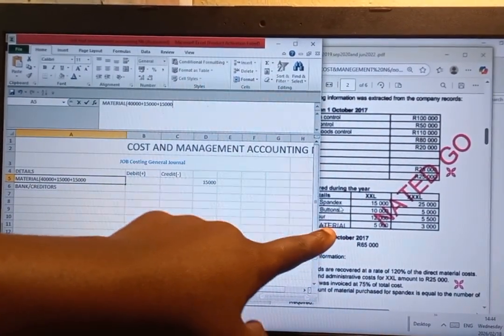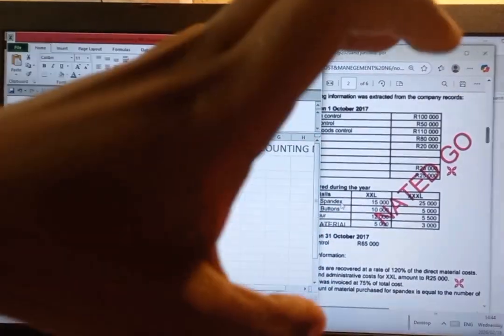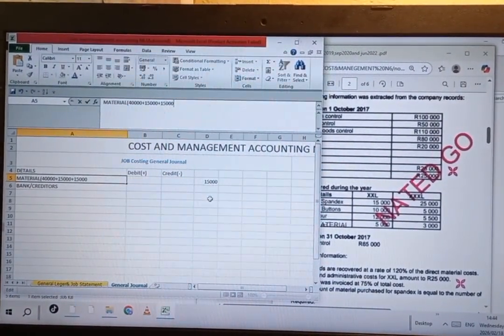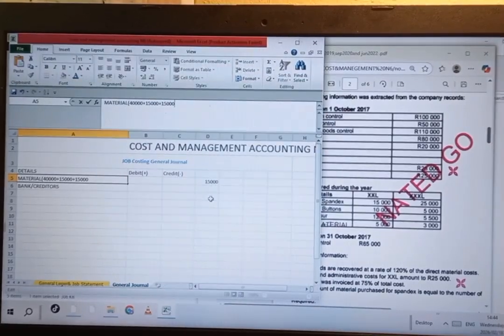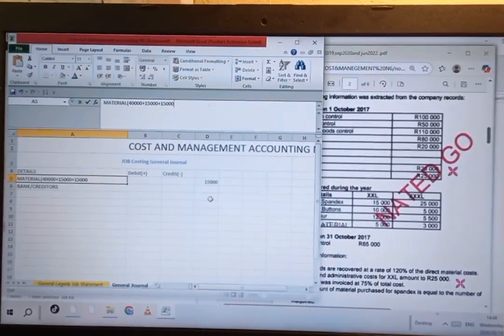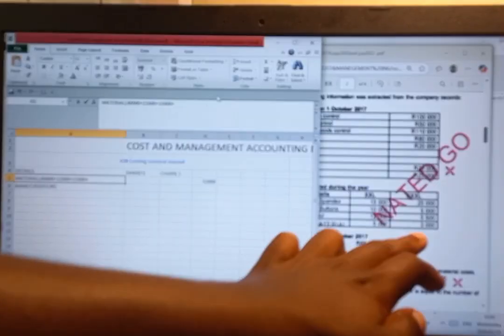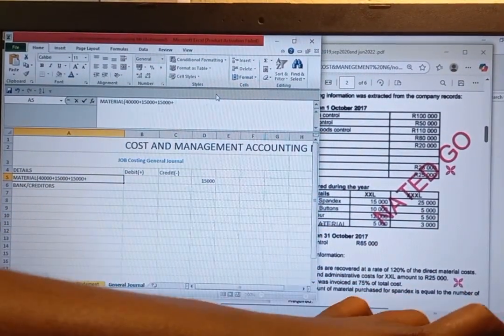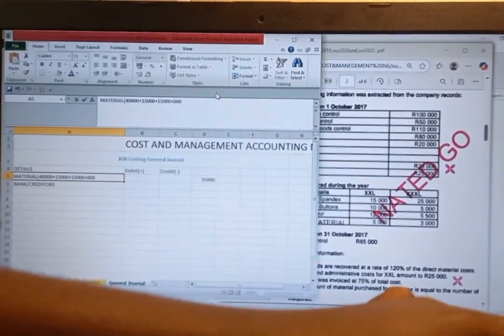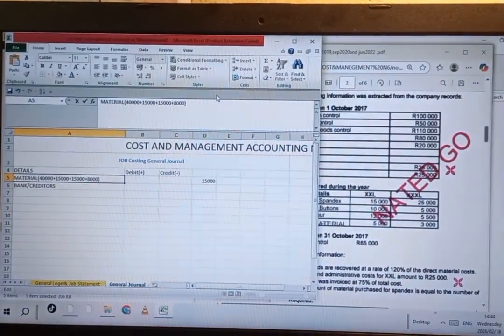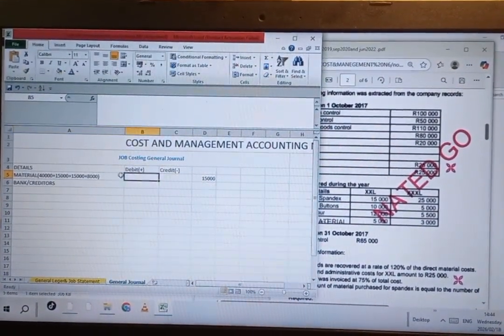It was also purchased, even though it went to manufacturing, not to production. Hence, it's indicated indirect material. We need to add it here, because here they want the material that was purchased. Plus 5,000 plus 3,000, that's 8,000. Close bracket. So guys, here you get your total.